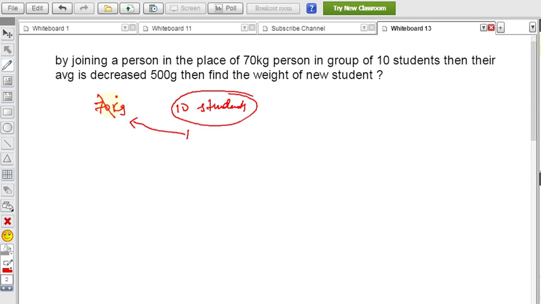Because of joining the new student, their average is decreased by 500 grams. In that case, we have to find out the new person's weight. For such types of questions, I will give a simple formula. 70 kg is the old person's weight.